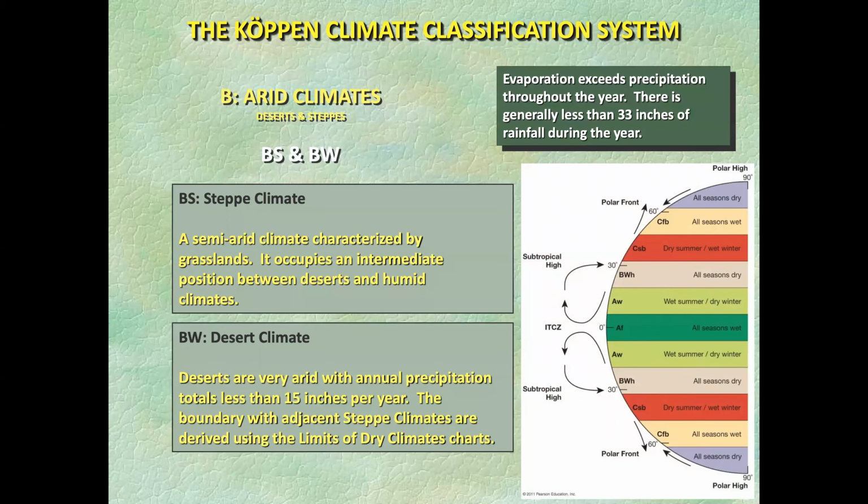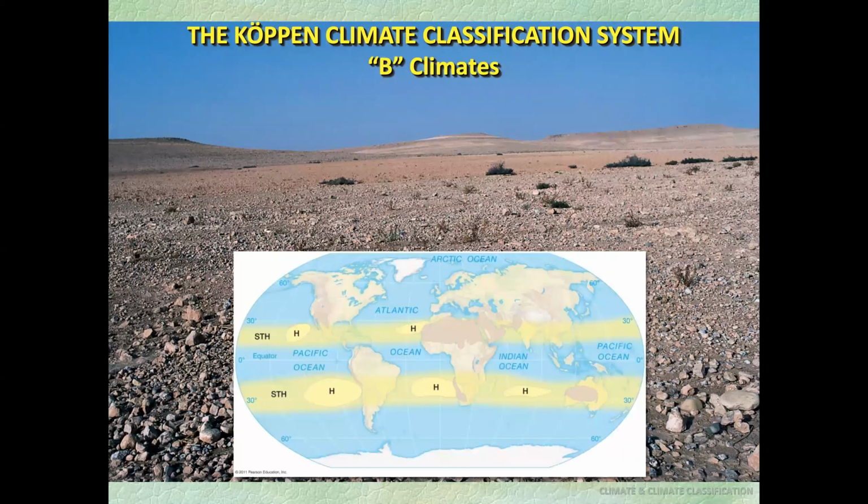Or a BW climate, which is a desert, the Sahara, the middle of Australia, the Mojave Desert, the Kalahari Desert, serious lack of rainfall, or the Atacama, as I showed you earlier. And again, a desert is pretty easy to spot: dry, very little precipitation, very little vegetation.